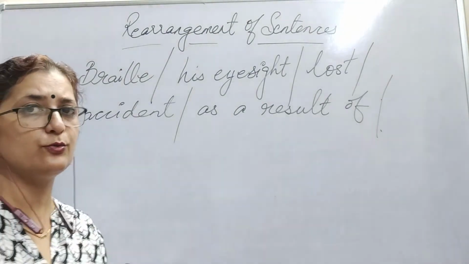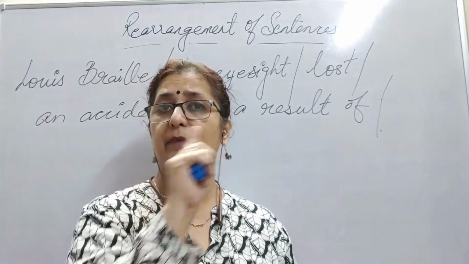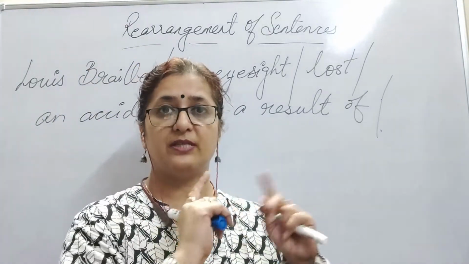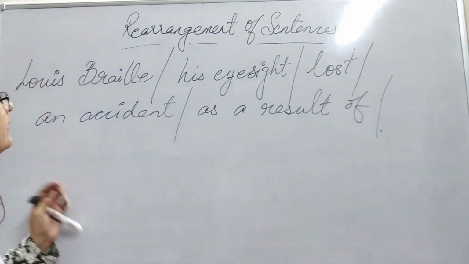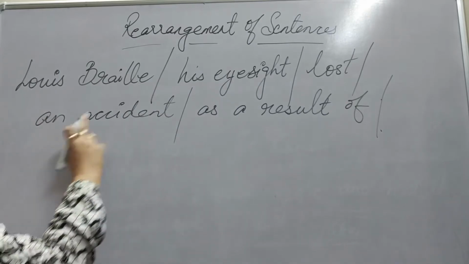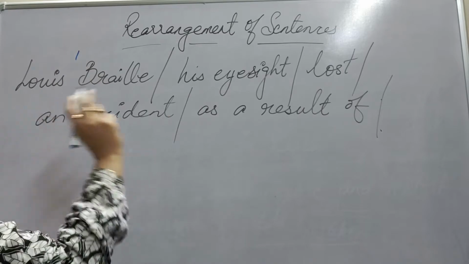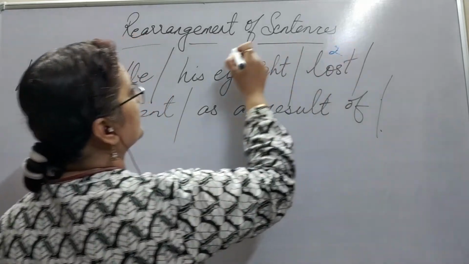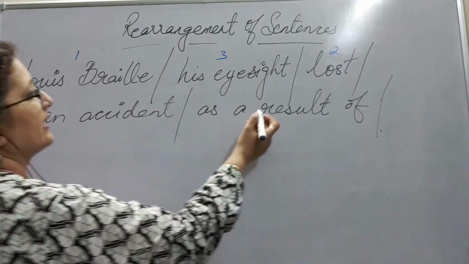The best way to do it is to keep numbering. Use a pencil to do it. You can keep numbering on top of the words and phrases as per the sequence required. One way of writing this is: Louis Braille lost his eyesight as a result of an accident.